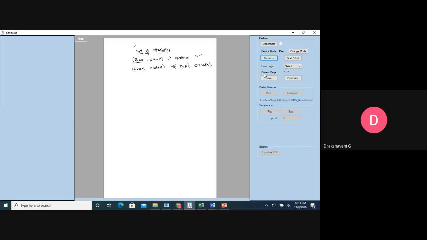So then we have to check the name, check their marks, and check which department and which course. Like this we check, then that is what is a set of attributes. In the same way, I can check roll number is functionally dependent on name, comma, marks.